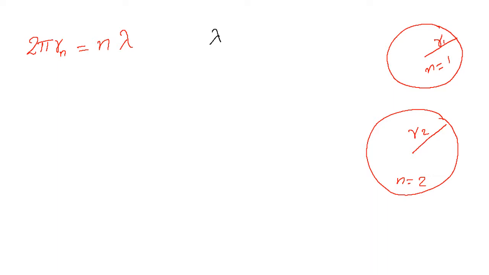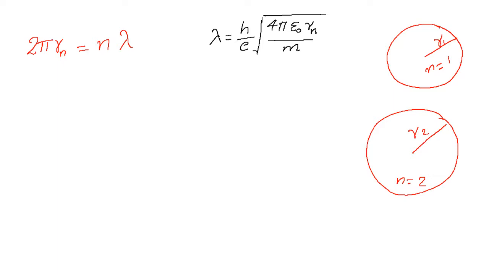Lambda is h by E into square root of 4 pi epsilon 0 r divided by m. For nth orbit, this r is nothing but Rn, so we'll have another n there, correct?